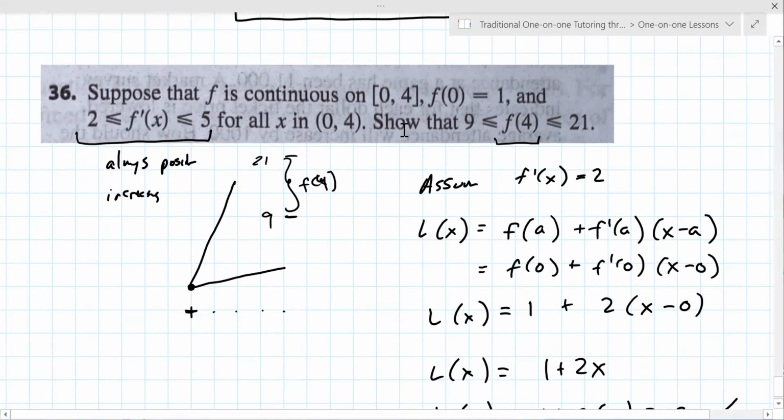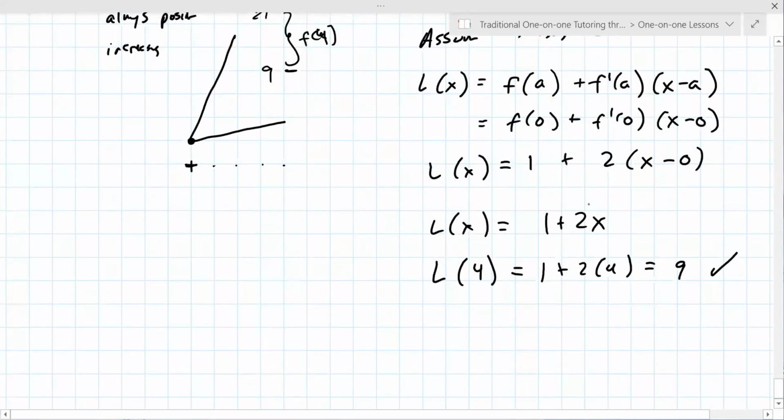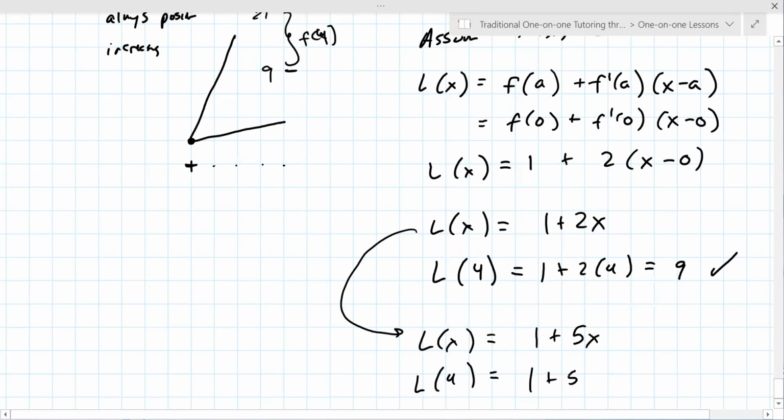The only thing that changes in this analysis is the derivative, the slope. So this line right here is L of x equals 1 plus 5x, because that's the derivative there. Then L of 4 is 1 plus 5 times 4, which is 21.